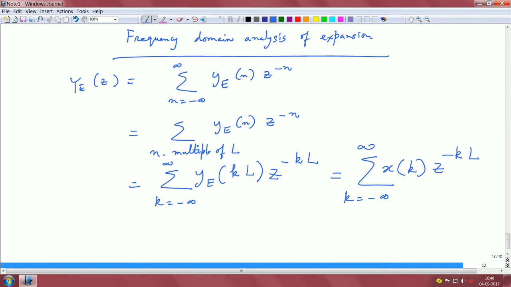So, therefore, Ye of kL is basically x of k, and now this is easy for us, and this is x of z power L. So, there we had something like X of z power 1 upon M for an M-fold decimator, and here if we observe it is z power L. So, if we are increasing the sampling rate through this expansion process, you can imagine that the spectral effect is basically shrinking, due to duality, right.